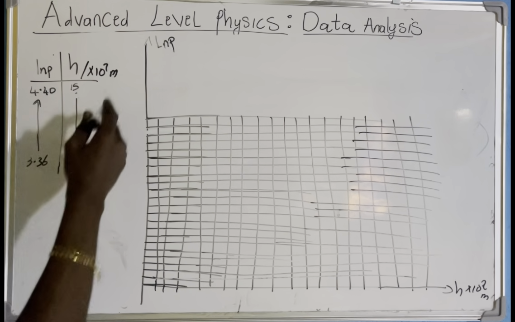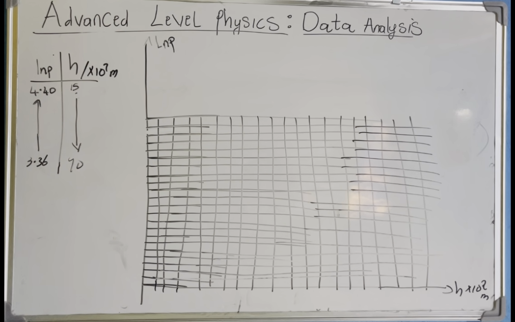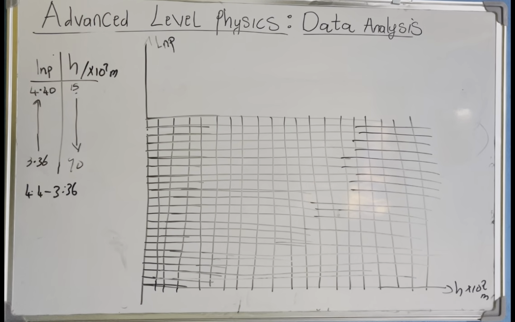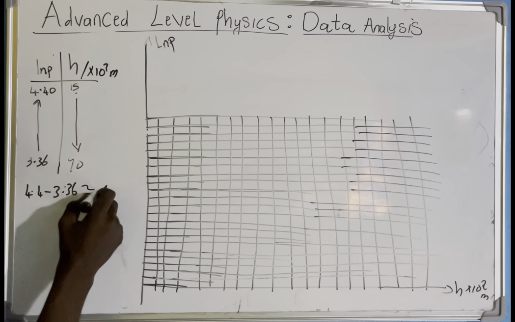Now I want to come up with the scale of length P. If I take the difference between the biggest value 4.4 minus the smallest value 3.36, you have something like 1.